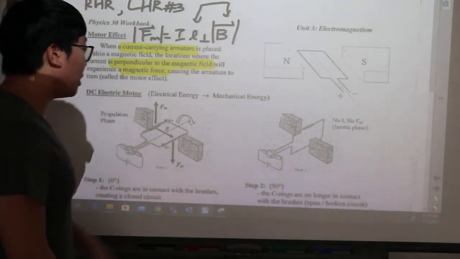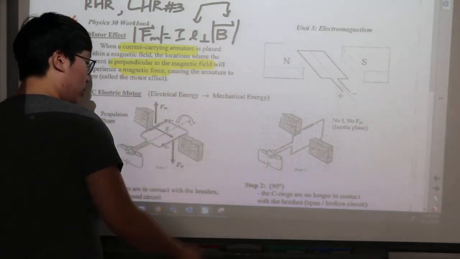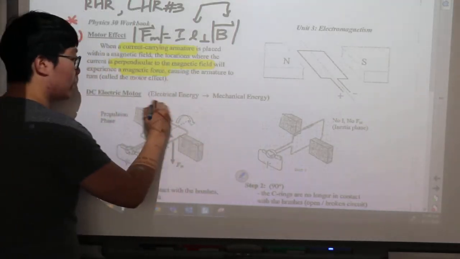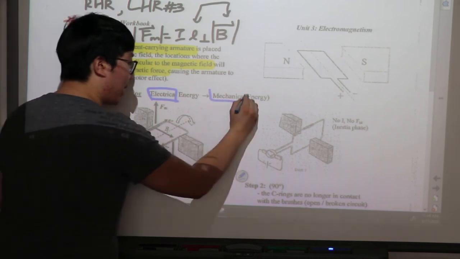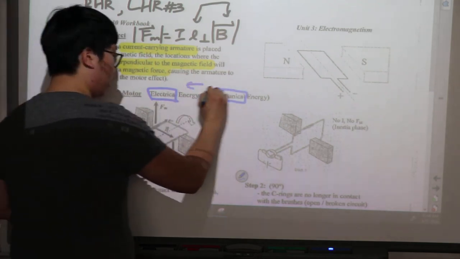And let's actually apply it to each of the situations. First thing first, when it comes to a motor, you need to understand that it's always electrical energy as a start and mechanical energy as the goal. If it's the other way around, that's a power generator.